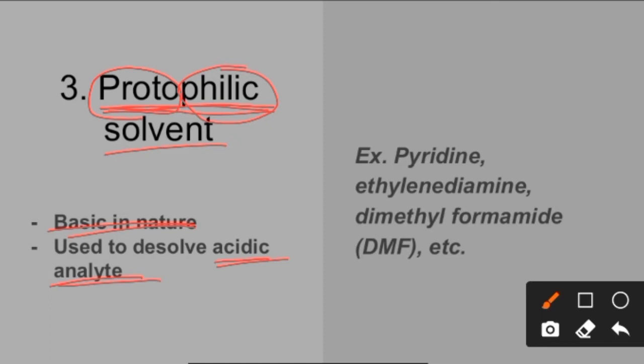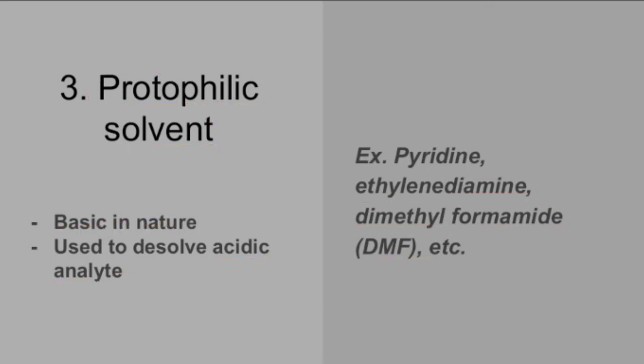Examples are pyridine, ethylene diamine, DMF, dimethyl formamide. These all are basic in nature. They accept the proton but do not donate the proton. So it is called protophilic solvent.